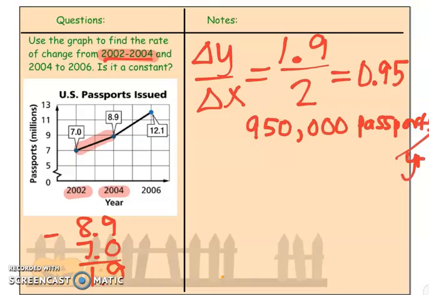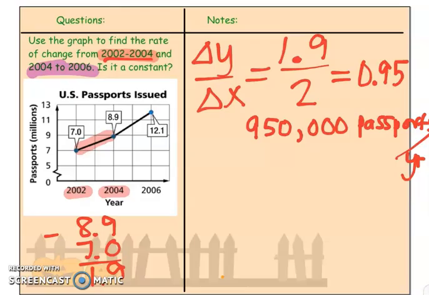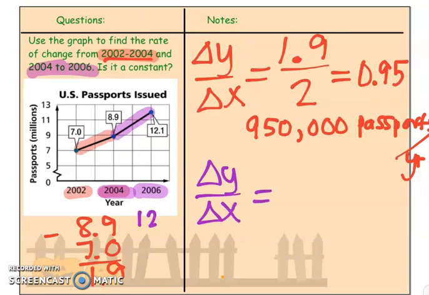Okay, switch my color. Next interval, 2004 to 2006, so this piece. And I think you can tell from looking at the graph, this is a steeper slope. So this is not going to be linear. This one's changing from 8.9 to 12.1.